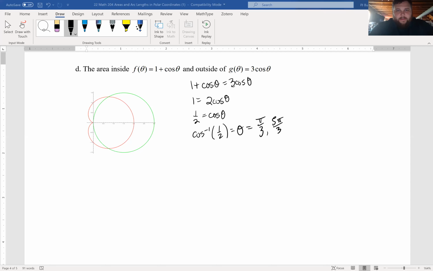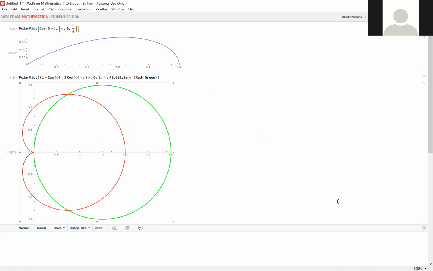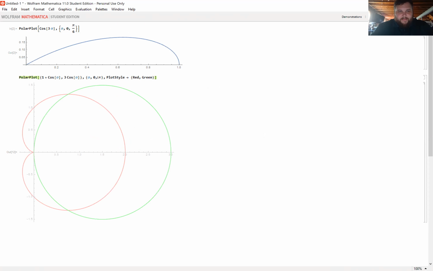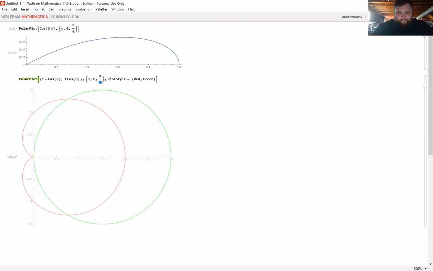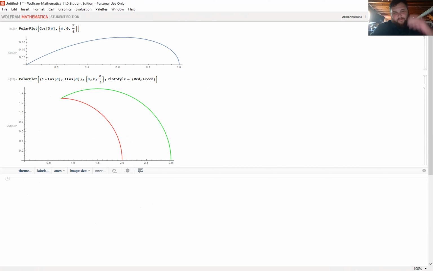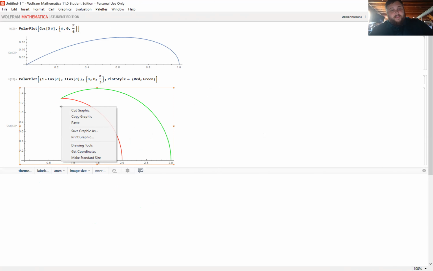So let's go back and look at the plot. So let's go 0 to pi over 3 and see what it looks like. Okay, so clearly that's not the piece that we wanted. But it does appear that pi over 3 is where they intersect over there.